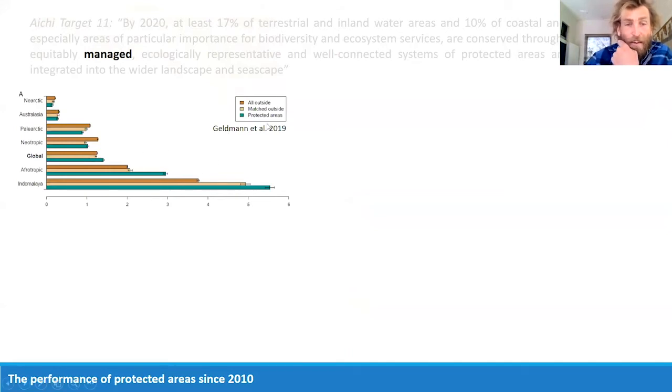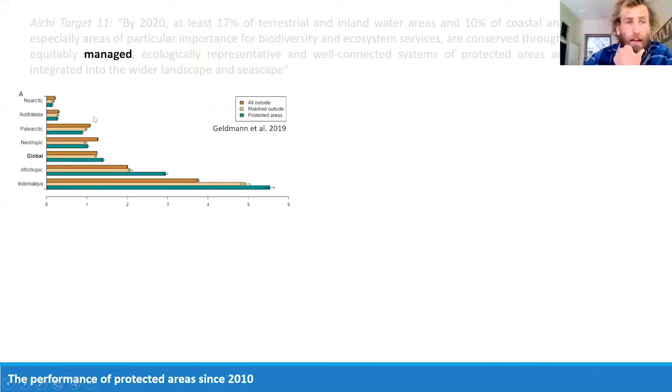A study out last year by Jonas Geldmann and colleagues showed that some 12,000 protected areas were ineffective at reducing human pressures inside their borders between 1995 and 2010. What we're looking at here is a figure. You've got a measure of human pressure down below, all the different regions around the world, and a tally for global.